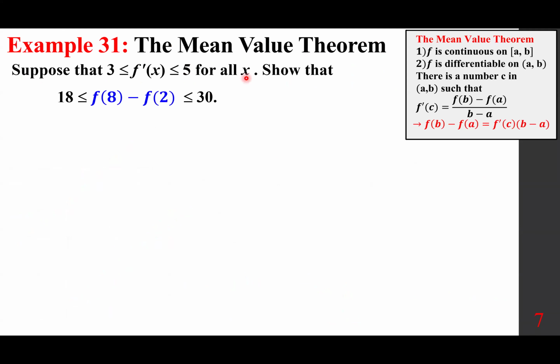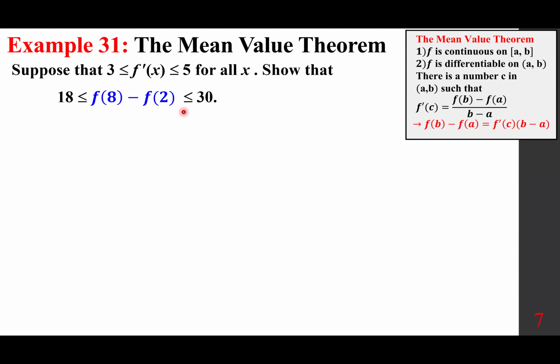All right, I'm going to use the mean value theorem in this case. Suppose f prime is between 3 and 5. So 3 is less than or equal to f prime of x, less than or equal to 5 for all x. Show that f of 8 minus f of 2 is between 18 and 30. In other words, 18 is less than or equal to f of 8 minus f of 2, less than or equal to 30.